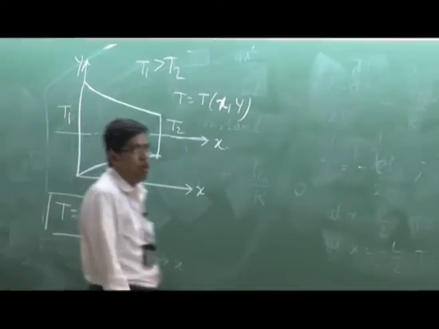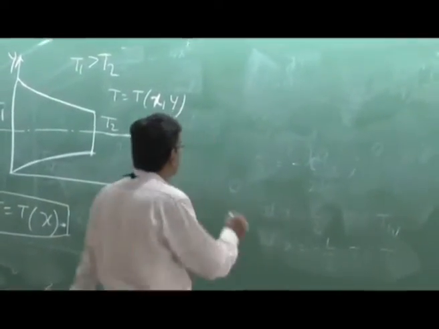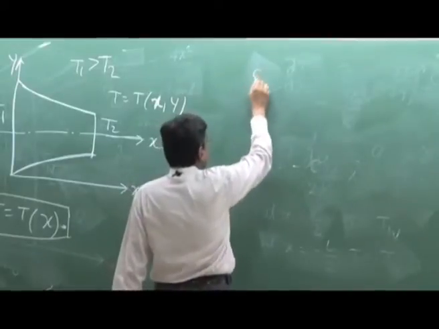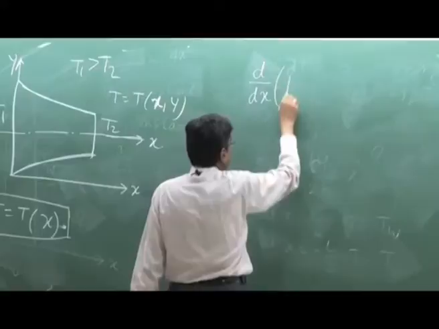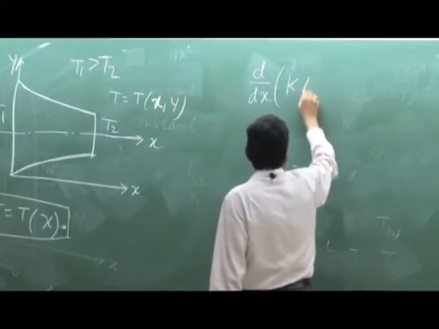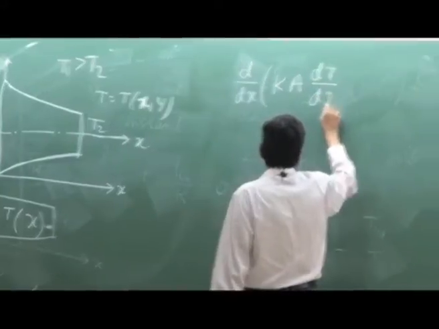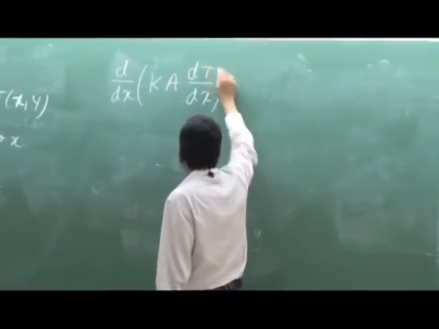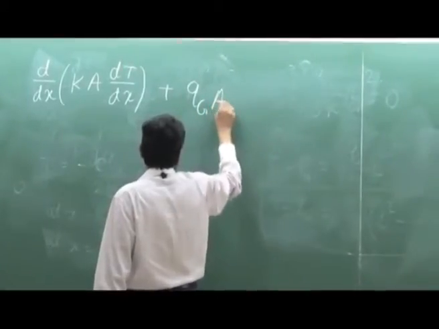So therefore, we cannot write the equation d square T dx square equals 0, because we know the equation is in this form. The general equation is in this form: d/dx of (k A dT/dx) plus qg into A is 0.